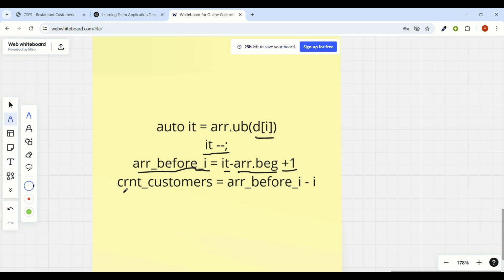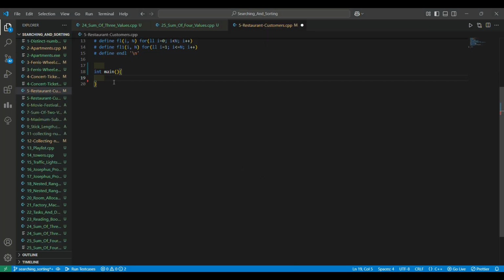Then what would be the count of current customers? That would be all the customers who arrived before I minus I, because from these customers who arrived before I, some of the customers have already departed, and the number of those customers is I. So let's see how we will write the code.